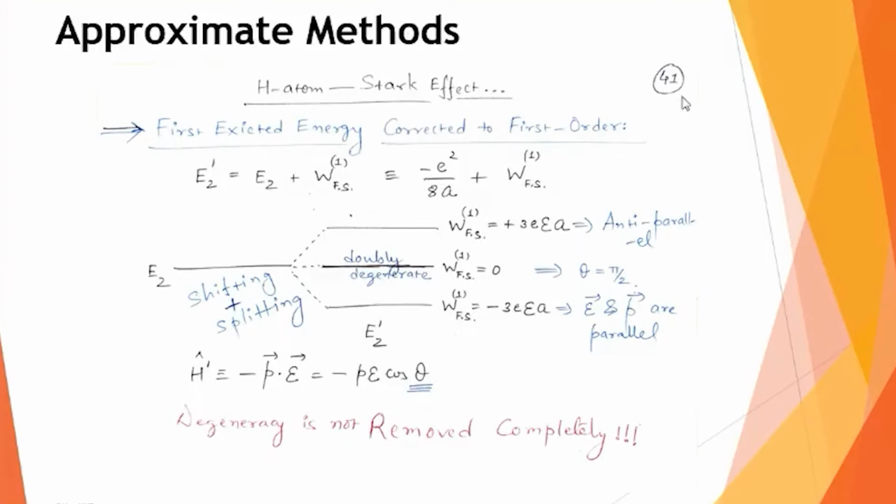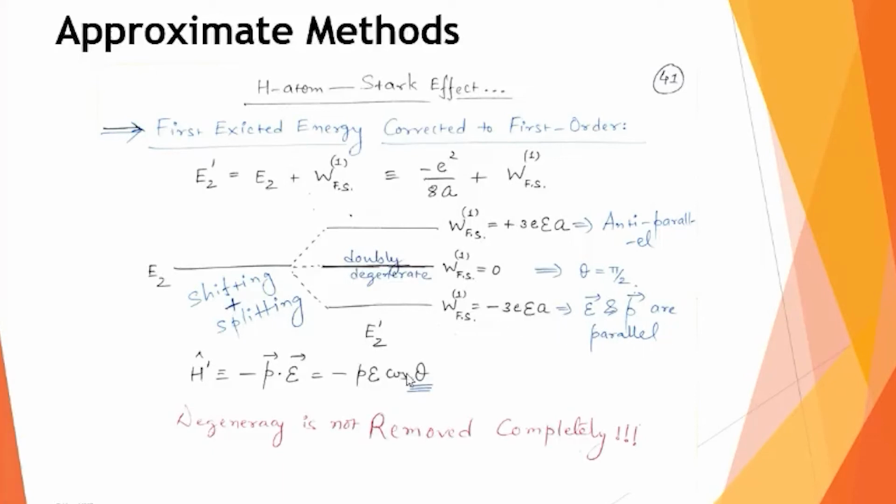From the mathematics point of view, if I go back to the expression for the H dash, it is written as PE cos theta. And whenever the value of cos theta is positive, that means your E and P are parallel.